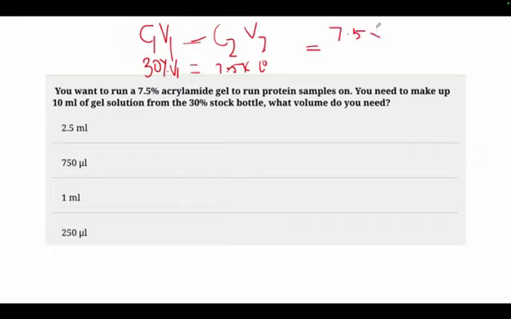The answer is 7.5 times 10 divided by 30. So you have 75 divided by 30. The answer will be 0.25 ml, which is the same as 250 microliters.